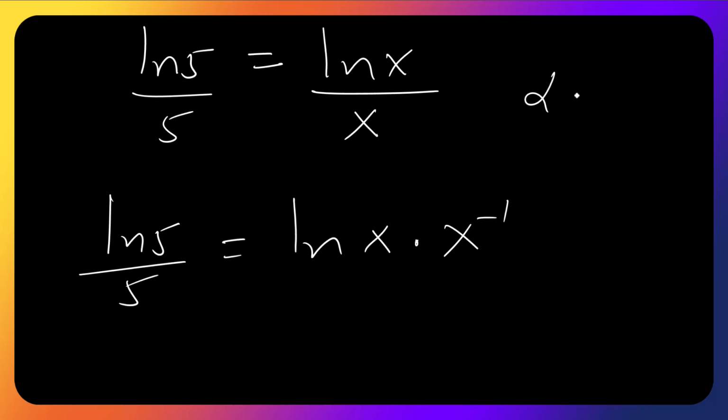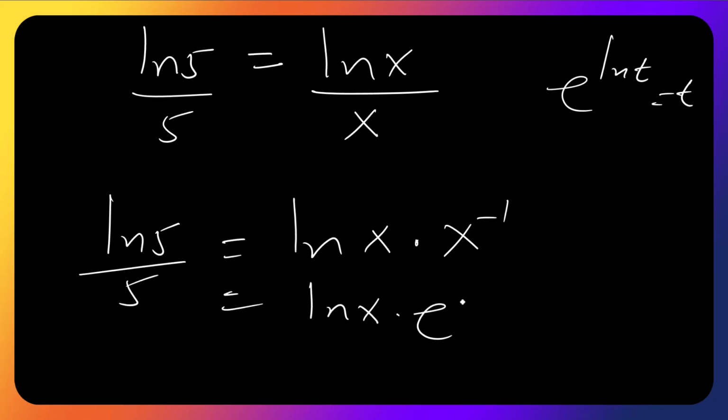So we want to have something times e raised to that same thing, and the answer is that something when we take the W function. Recall that e raised to ln of t is t. So let's combine the two: ln of x times e raised to ln of this, the answer will still be the same.